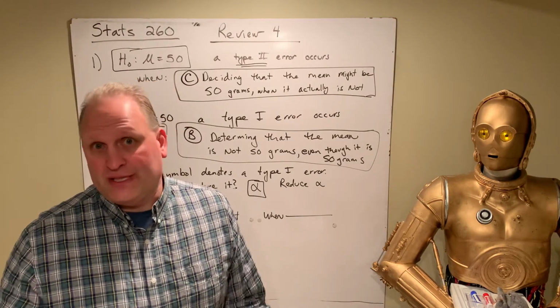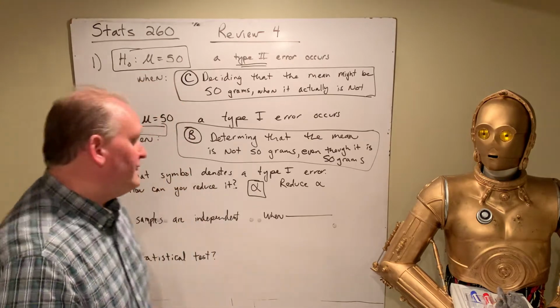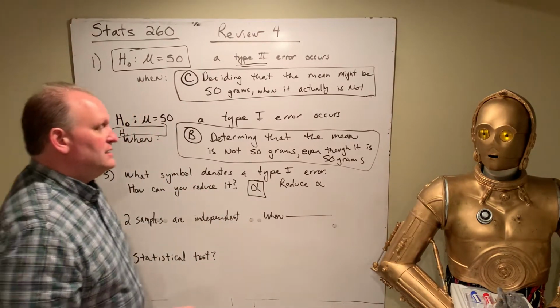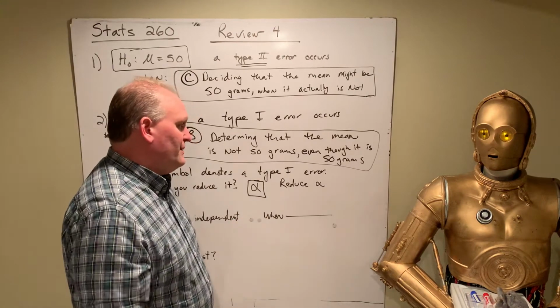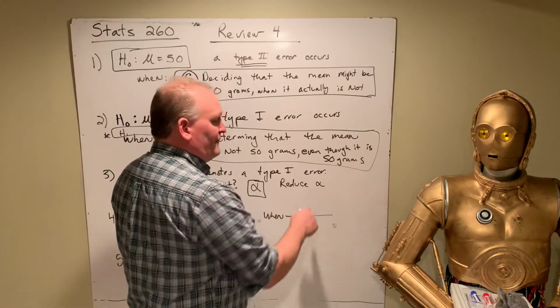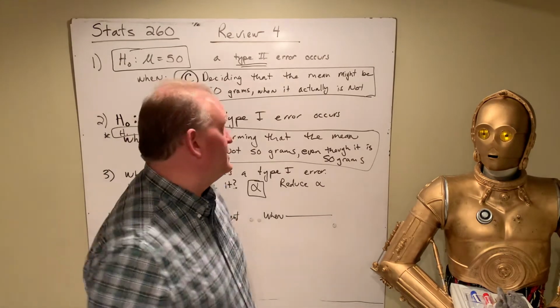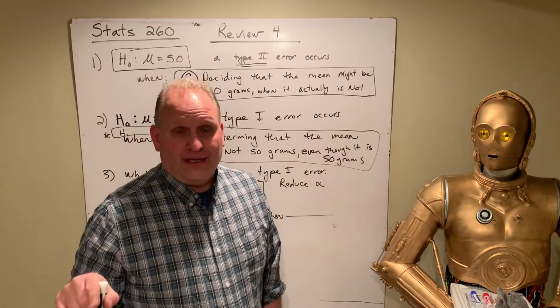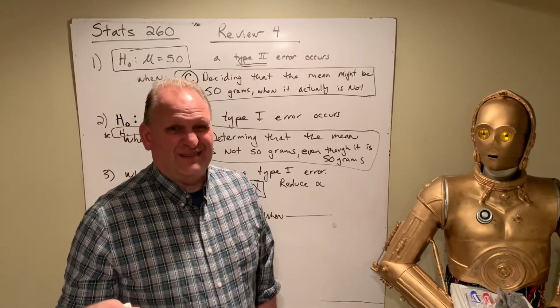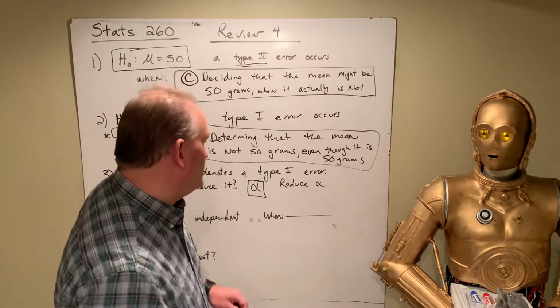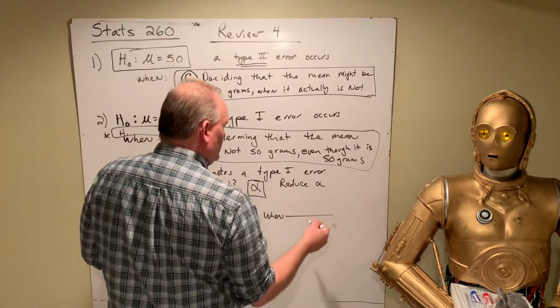Whatever alpha is set at is the chance of a type 1 error. So if they say test this claim at a 5% significance level, that's alpha is equal to 5. If you want to reduce it, then you can reduce that from 5% to 1%, and then you'll have reduced the possibility of a type 1 error.